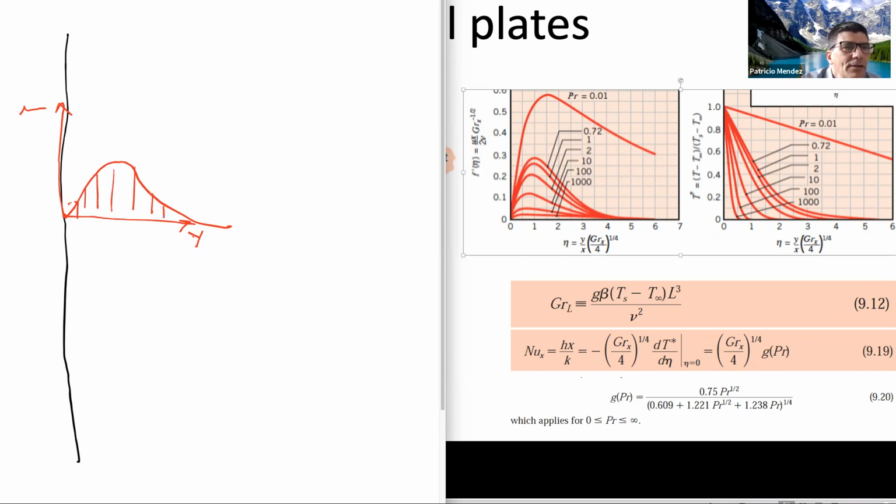Now, the boundary layers we saw before were quite different. Let's make a new plate so we don't get confused.